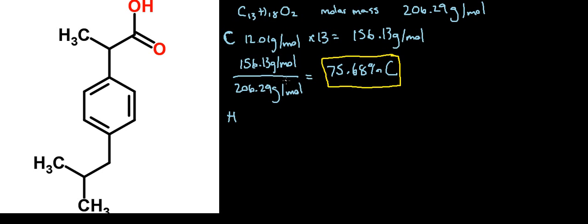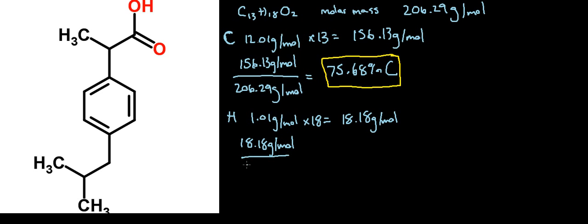That's probably going to be very low because it's very small. 1.01 grams per mole times 18. This is equal to 18.18 grams per mole. Divide this by the total, and this is equal to 8.81% hydrogen.